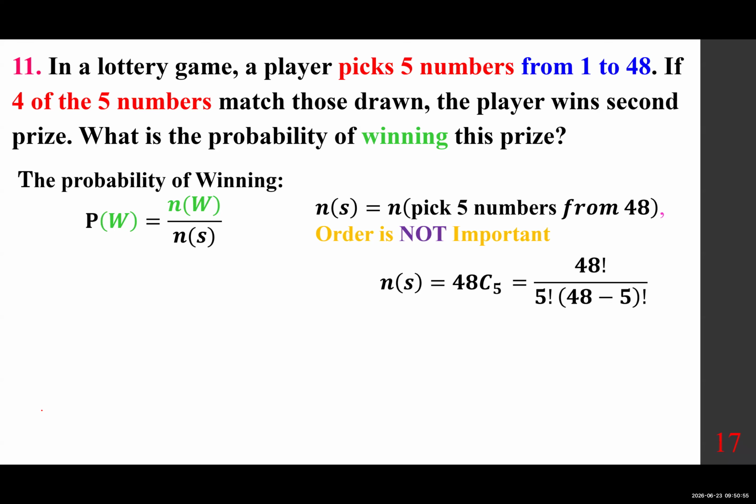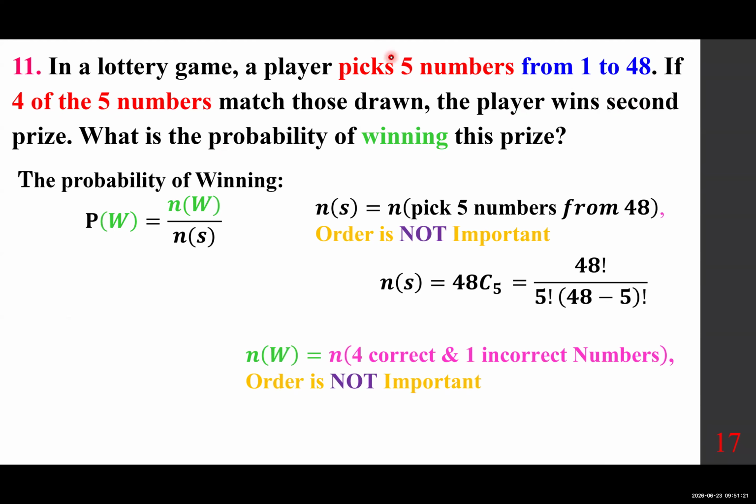Now, n of winning: we want to pick 5 numbers from 1 to 48. If 4 of them are correct, well, the 4 comes from 5, and 1 comes from the other. That means combination of 5, pick 4, and then 48 minus 5, or 43, pick 1.